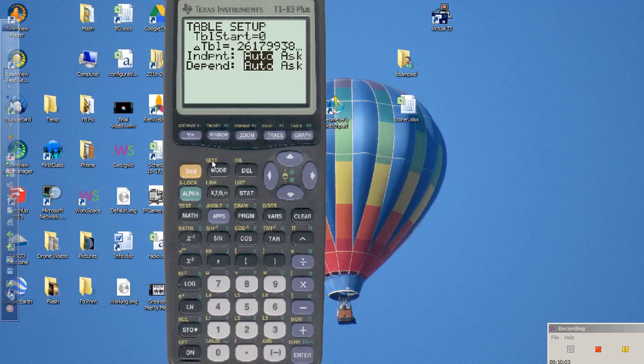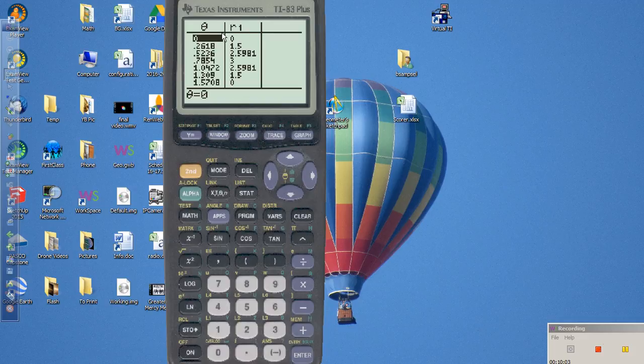And then we can just look at the table. Now, this means at the 0 angle, we're going to have 0 radius. At the π/12 angle, we have a 1.5 radius. At π/6, and this just goes around your circle. Each one, 0, π/12, π/6, π/4, π/3, 5π/12, until we get to π/2 right there.